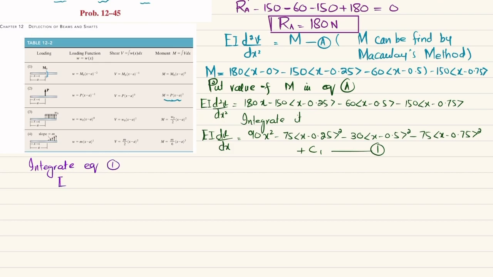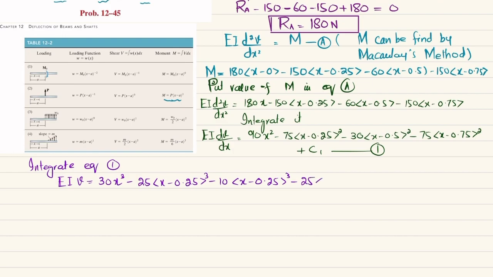So you will get EI into v equal to 90x cube divided by 3, which will be 30x cube, minus 75 into x minus 0.25 whole cube divided by 3, and that will be equal to 25 into x minus 0.25 whole cube, minus 30 into x minus 0.5 whole cube divided by 3, which is equal to 10 into x minus 0.5 whole cube, and this will be minus 75 divided by 3, which will be 25.